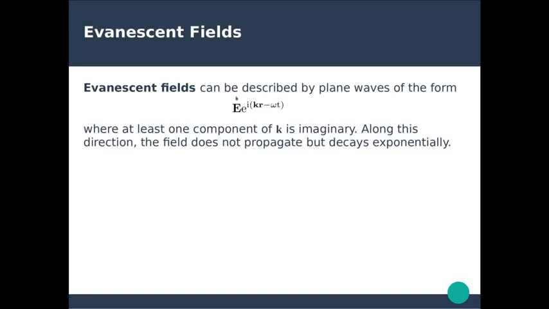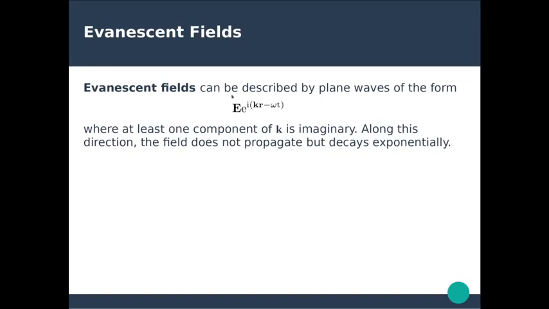So you have the amplitude of the field E, if you're looking at an electric field for instance, the same for magnetic fields, times exponential of i(k·r minus omega t), k being the wave vector, r being the position, omega the frequency and t the time. So these are regular plane wave expressions.